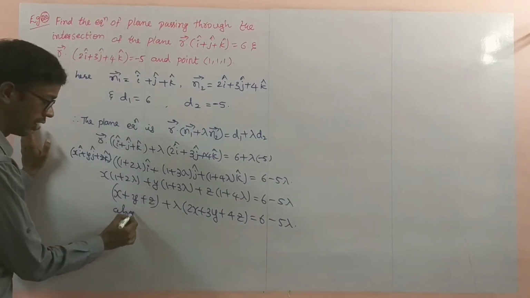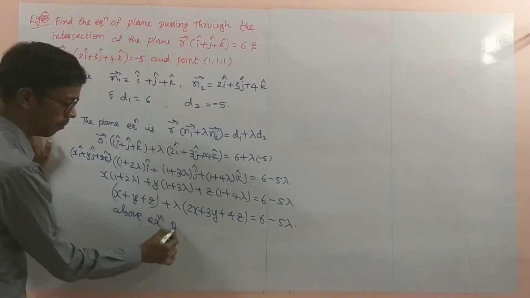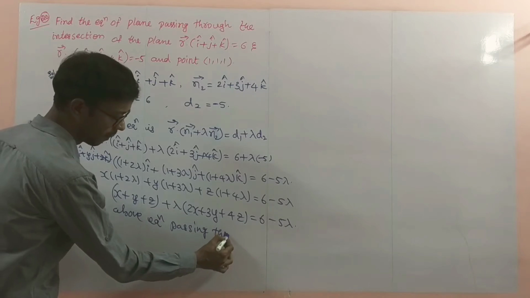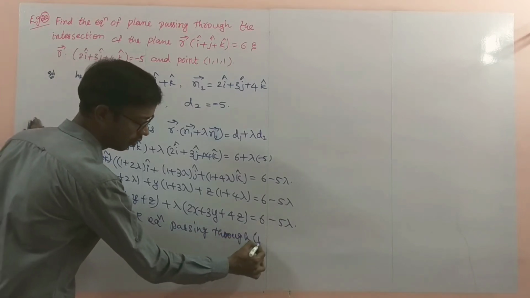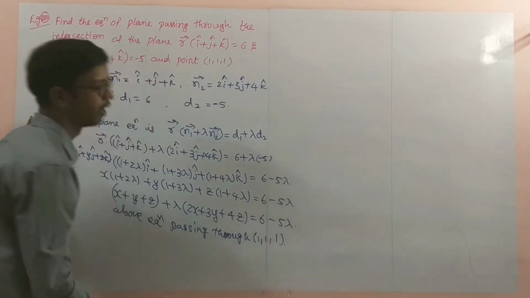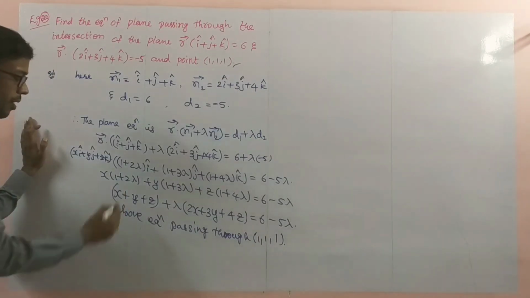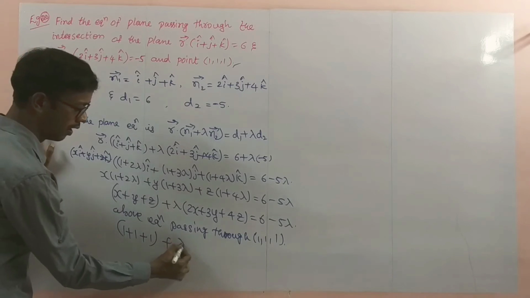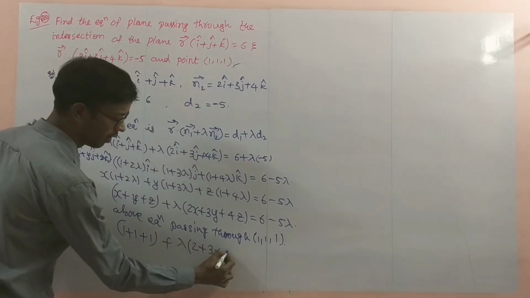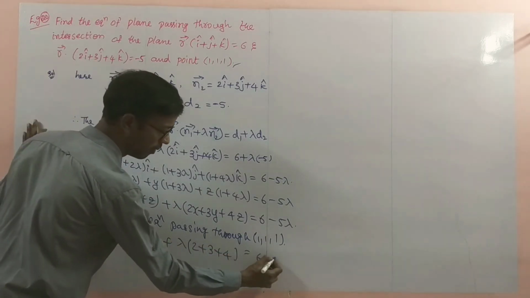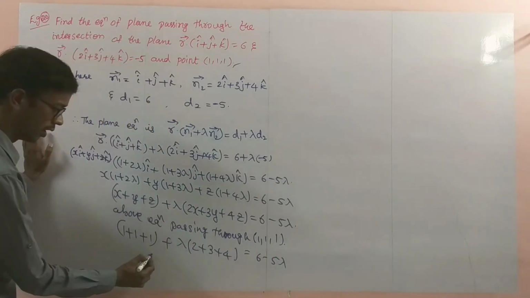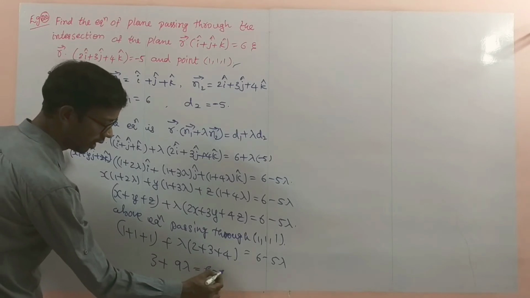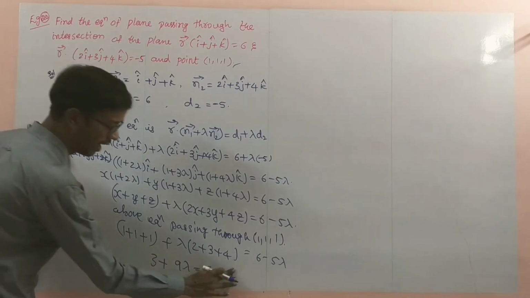The above equation is passing through the point (1, 1, 1), which is given here. Substitute here: 1 plus 1 plus 1 plus lambda into (2 plus 3 plus 4) equal to 6 minus 5 lambda. So 3 plus 9 lambda equal to 6 minus 5 lambda.